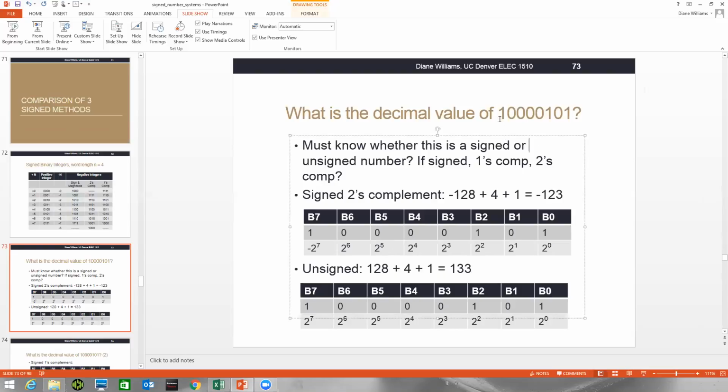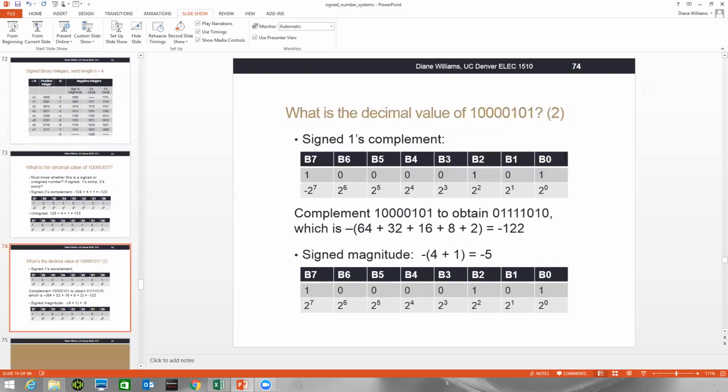So it's important that we know how this number was encoded before we can give it meaning. Meaning to us is normally a base 10 number system. If we were to go on and finish this, this is the same binary string, but now if it were 1's complement, well, we know that 2's complement is simply 1's complement plus 1. We could use this positional notation to form the value of minus 123, add 1 to it and say it's minus 122.